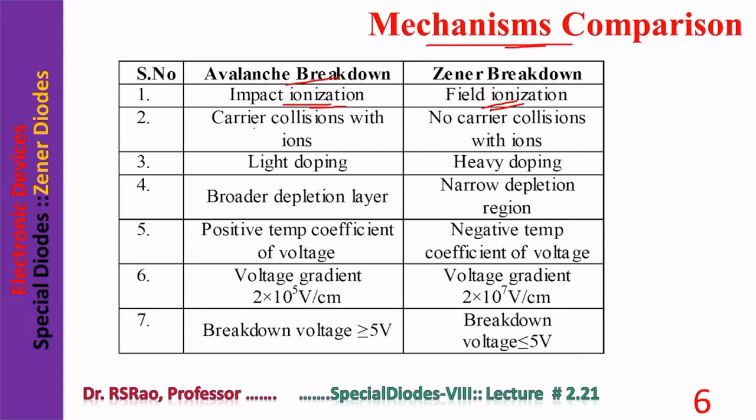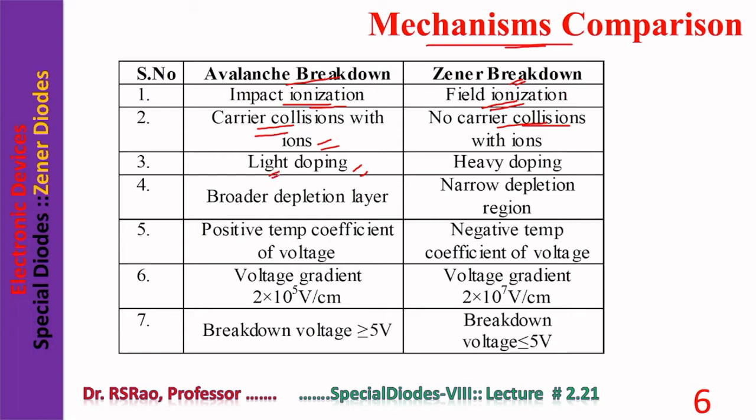Avalanche breakdown is associated with carrier collisions with ions, as already mentioned. Here, no carrier collisions. Avalanche breakdown happens when the doping is light. When it is heavy, Zener breakdown. Note that here light doesn't mean lighter when compared to ordinary doping levels. No. In avalanche as well as Zener breakdown diodes, doping is high, doping is heavy.